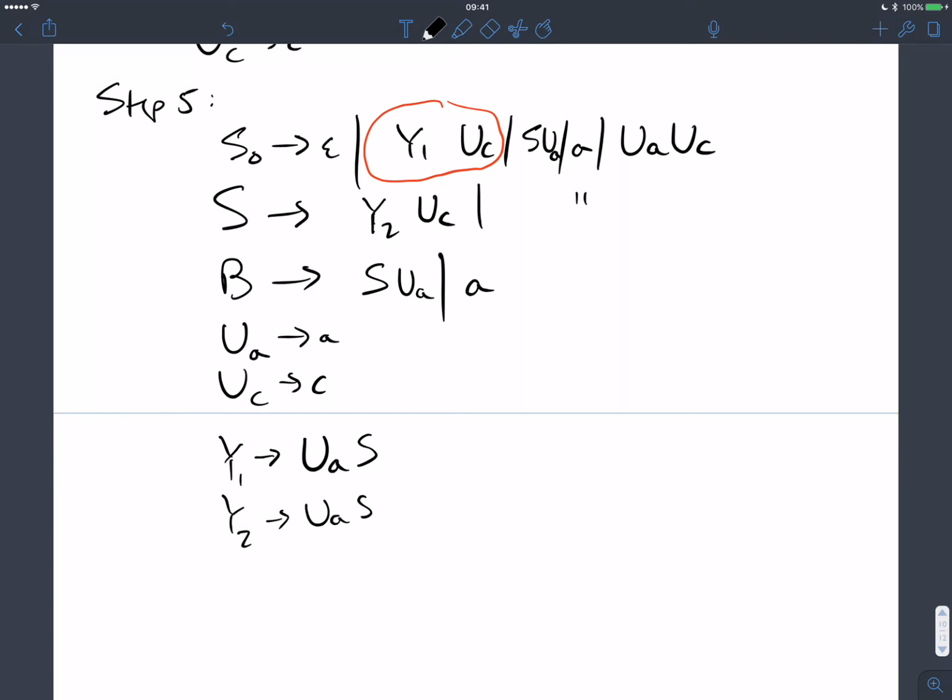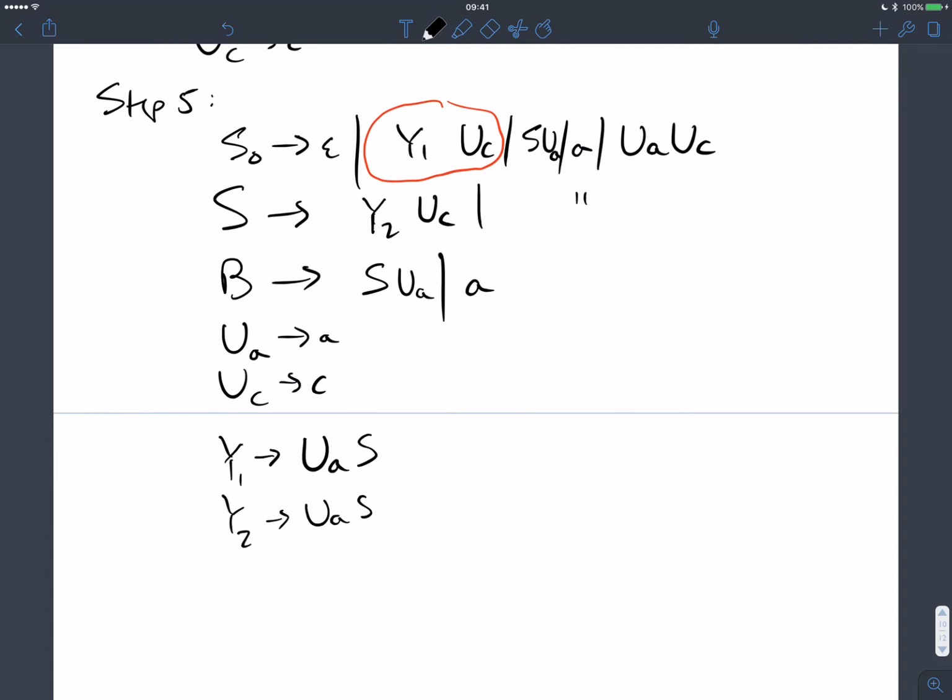It's not wrong if I did that, but the way we verified correctness is that there was only one way in and one way out. So if I wanted to apply Y1, there's only one possible way that it could be applied, which was from S0. But it's not wrong if you reuse it.